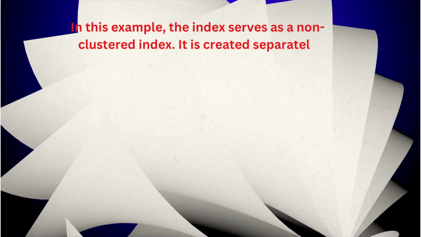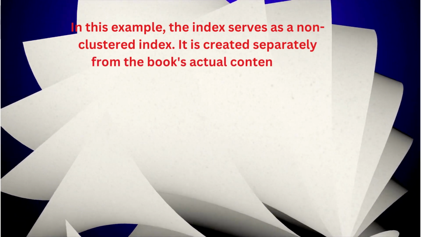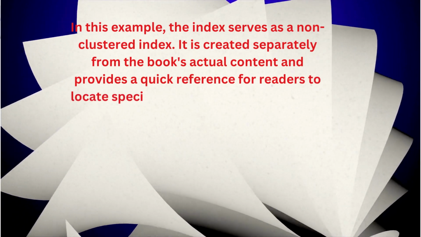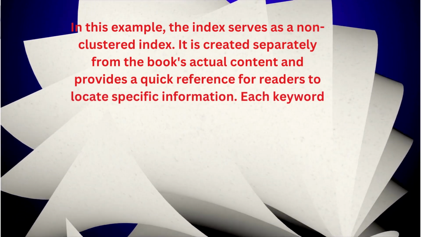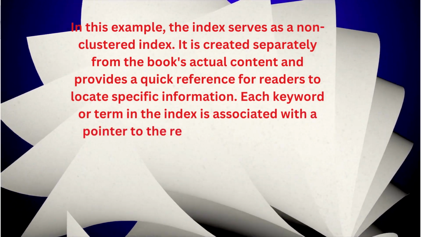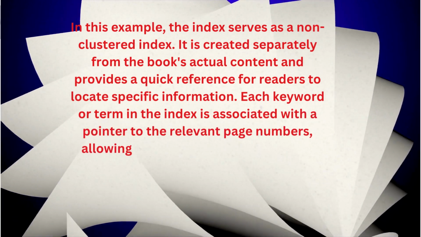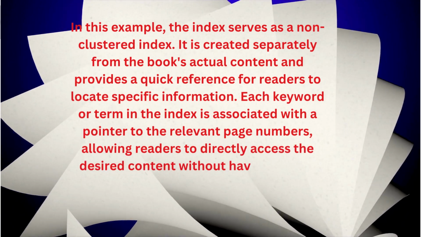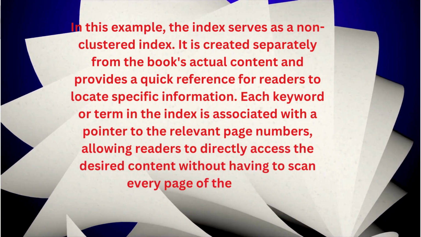It is created separately from the book's actual content and provides a quick reference for readers to locate specific information. Each keyword or term in the index is associated with a pointer to the relevant page numbers, allowing readers to directly access the desired content without having to scan every page of the book.